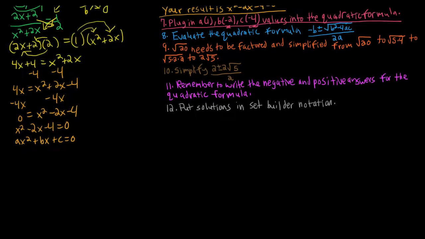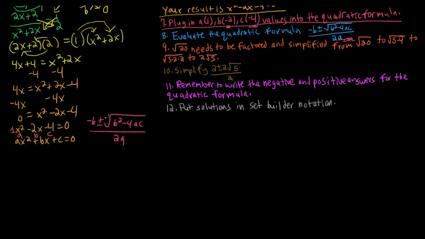So x squared, which is pretty much 1x squared, will be our a value, negative 2 will be our b value, and then negative 4 will be our c value, and we want to plug that into the quadratic formula, which is shown here, which is just negative b plus or minus the square root of b squared minus 4ac, over 2a.